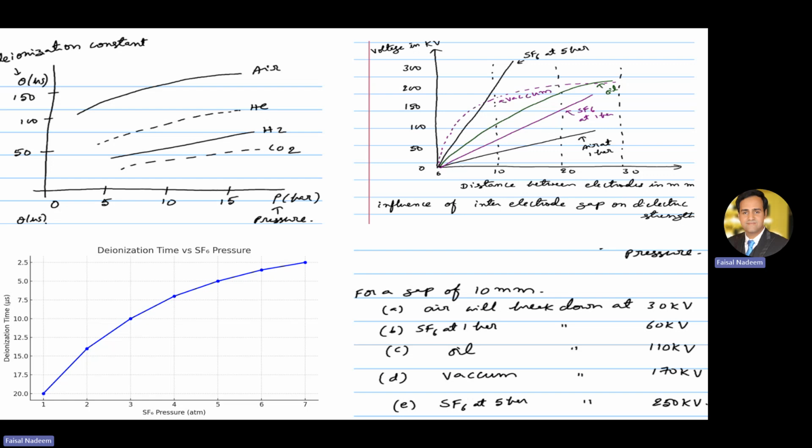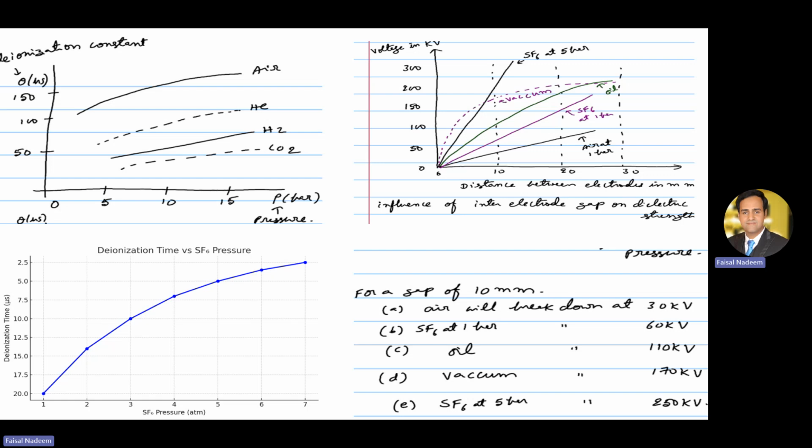The graph clearly indicates that if we increase the distance between the electrodes, I mean the contacts of the breaker when they are open, then the breakdown strength of any material increases.